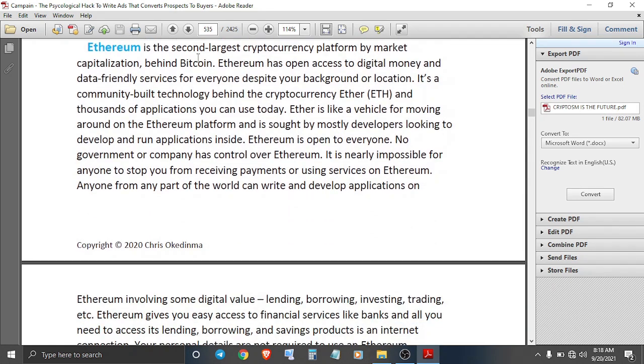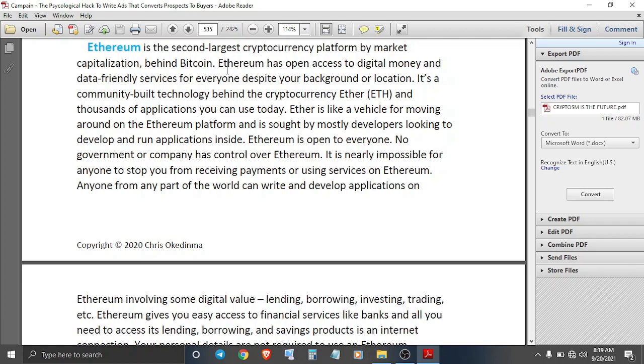Ethereum is the second largest cryptocurrency platform by market capitalization, meaning it has dominated the market as the second largest cryptocurrency platform after Bitcoin. Mainly the coin is called Ether, but the network name is Ethereum. Bitcoin's network is Bitcoin. I want you to get that.